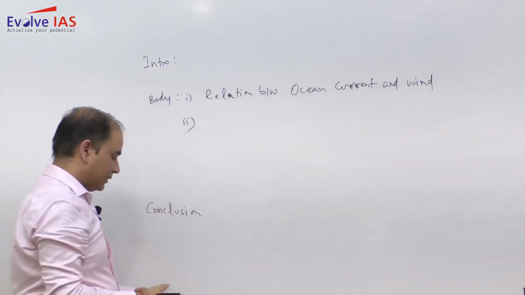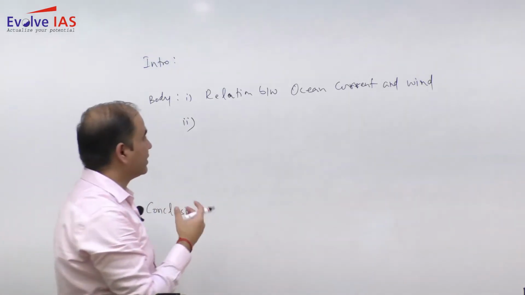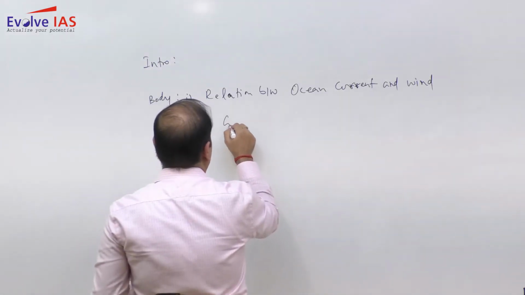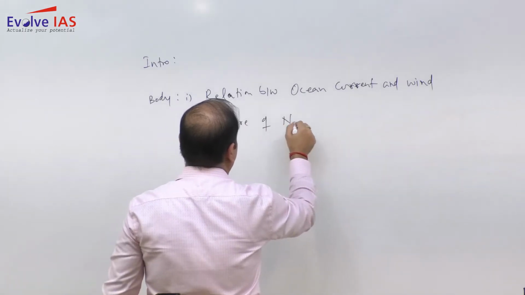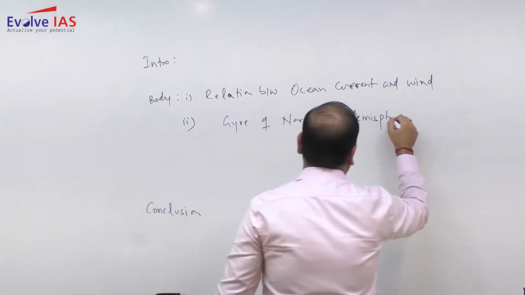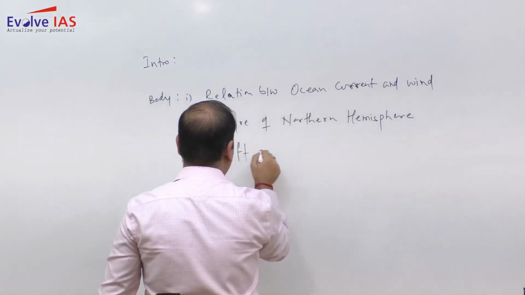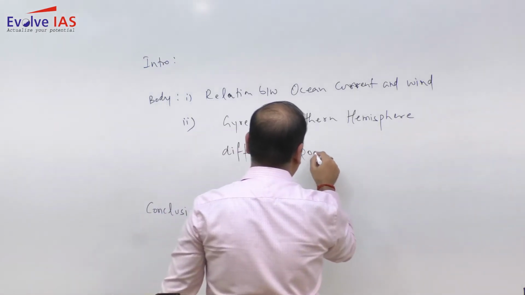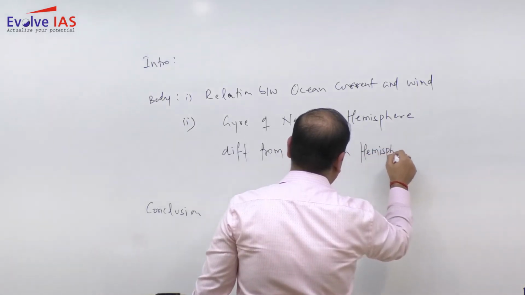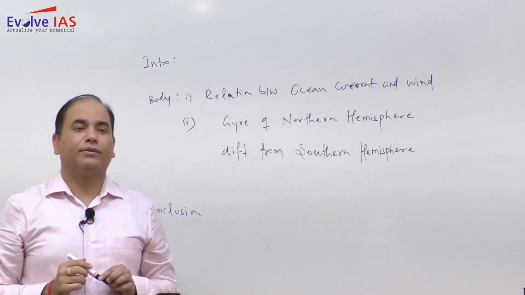The second part is explain with examples. So the second part you need to write with examples. How does the gyre in the northern hemisphere differ from the southern hemisphere? So this is exactly how you need to plan your answer.